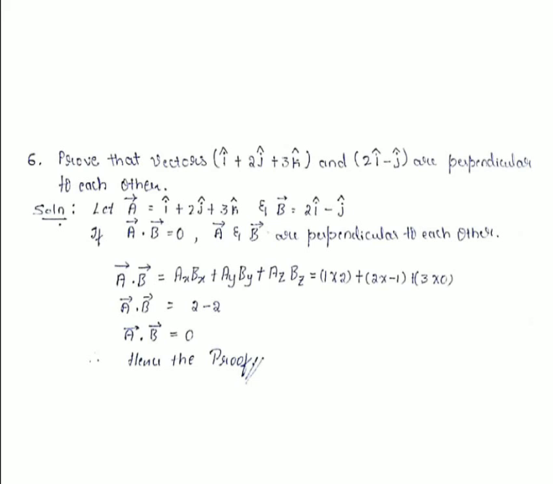Take this as vector A, first term, that is vector A is I cap plus 2j cap plus 3k cap and vector B as 2I cap minus j cap. So if it is perpendicular, then we have to prove that A dot B is equal to 0.